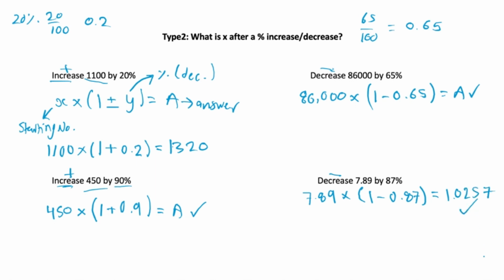Now moving on to the third type. Express X as a percentage of Y. Express 29 as a percentage of 290. It's fairly simple. This is what you do. You put the 29 on top, 290 at the bottom. So this is the marks you're looking for as a percentage, and this is the total.